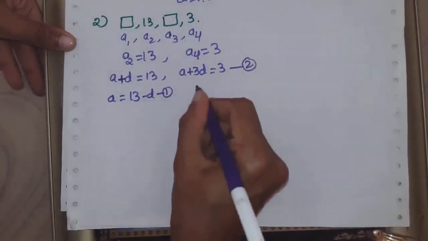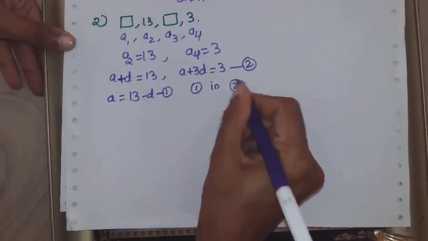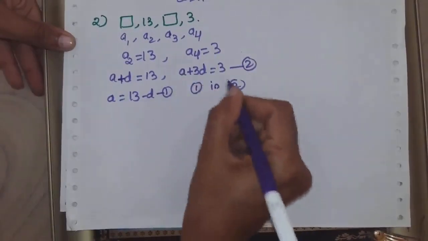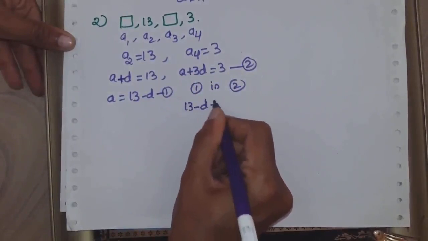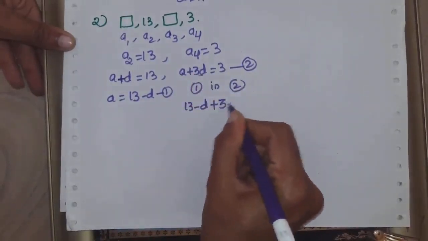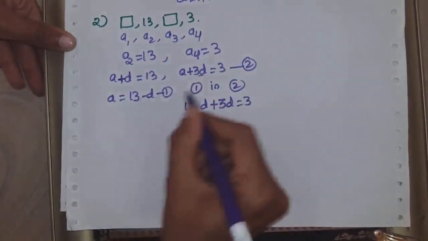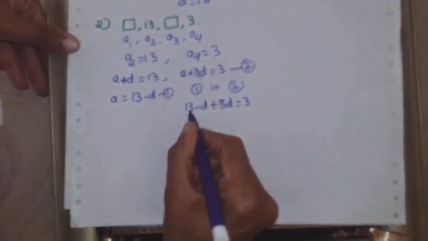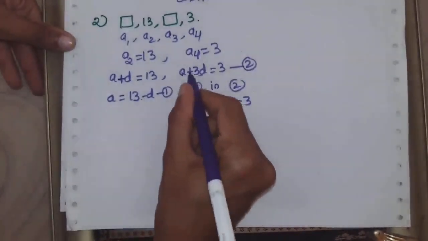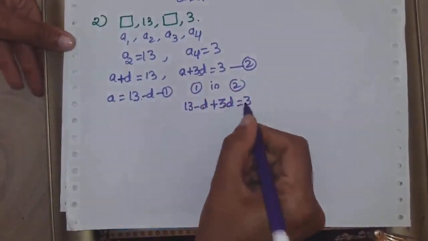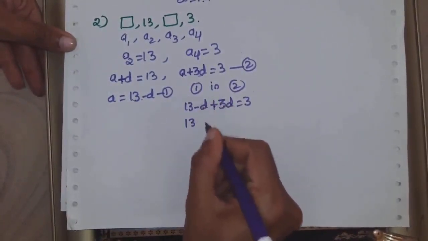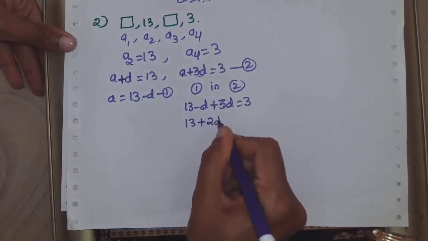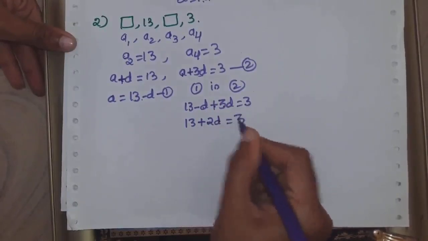I substitute 1 in 2. That is, a is 13 minus d, plus, just writing 3d as it is, equals 3. So in the place of a, I substituted: 13 minus d plus 3d equals 3. Here 13 minus d plus 3d is plus 2d, equals 3.